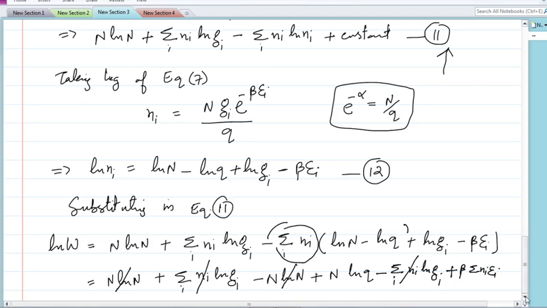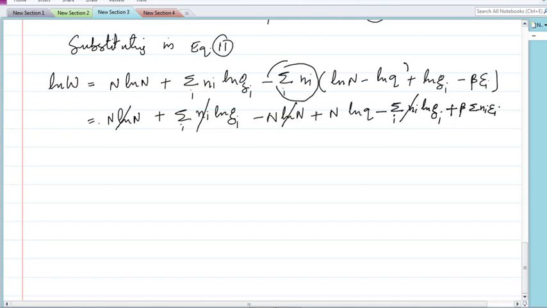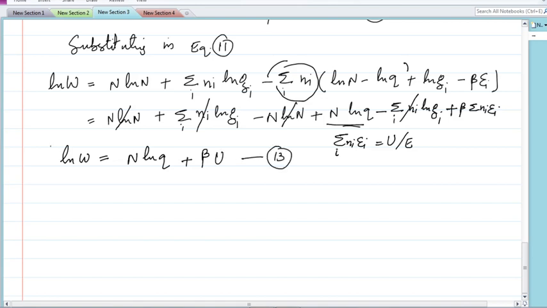So we will get now a simplified equation, which is basically ln of W equal to N ln of q, this term here, and simply plus beta. Now only this term remains here. You know summation ni ei is basically equal to the total energy. You can write it as U or capital E, so I will retain it as U here. So this will be our equation number 13. This is the simplified equation.